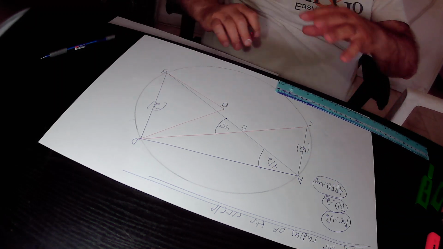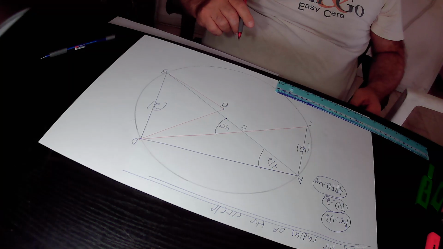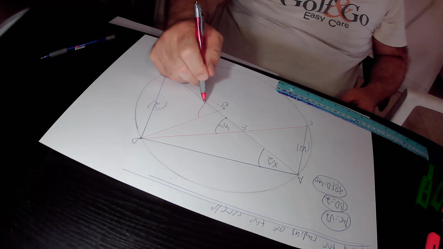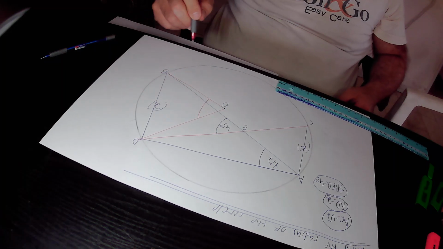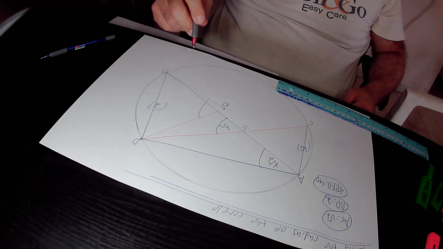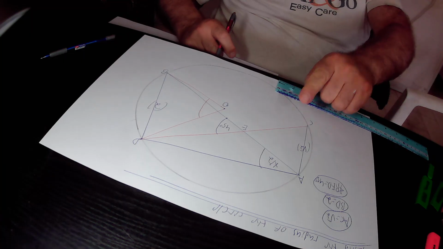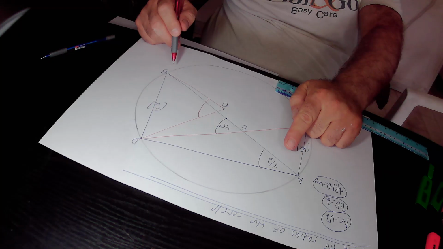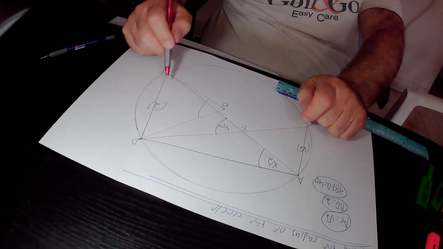By doing this construction, we created here center angle DOB. This center angle DOB is also subtended on chord DB, exactly like this peripheral angle DAB. It is also subtended on the same chord DB.